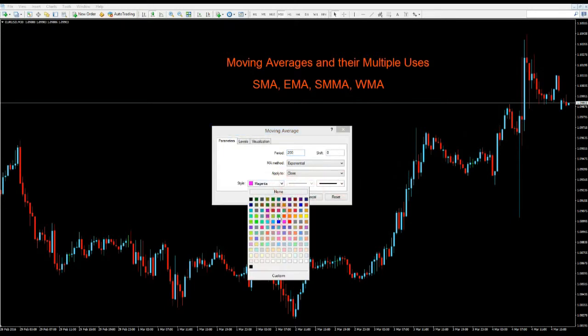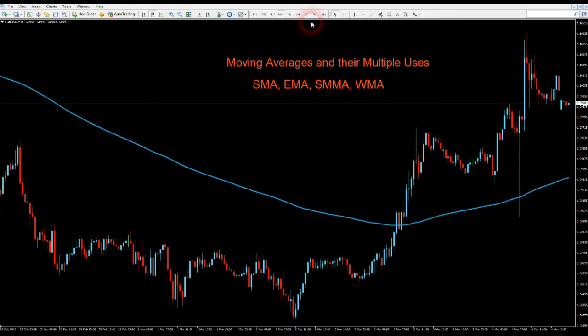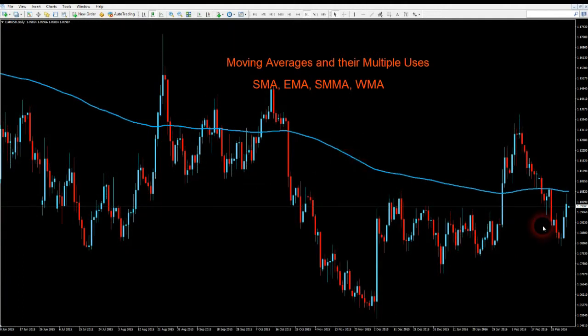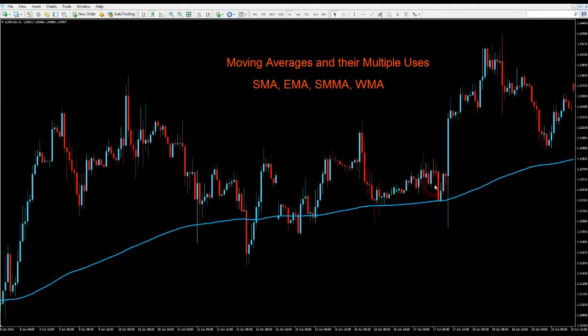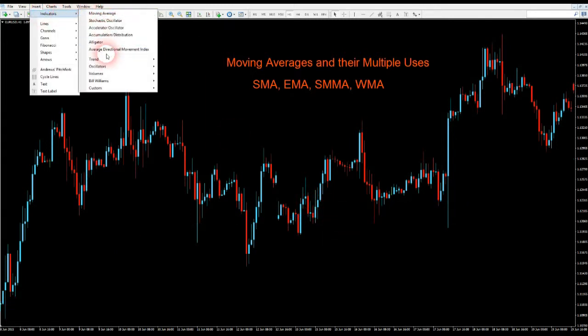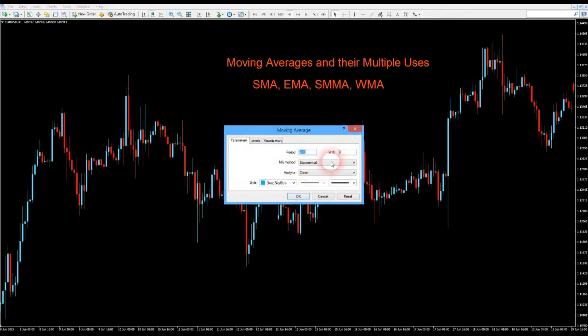If you're on a daily chart, the 200 EMA represents 200 days because each candle is 1 day. If you go to the hourly time frame, then the moving average represents 200 hours because each candle represents 1 hour.